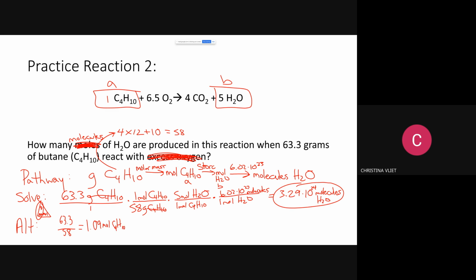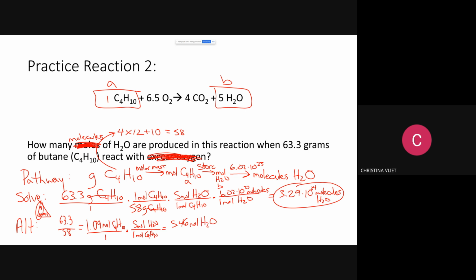Then after you get the moles, you would still have to do stoichiometry to get from C4H10 to water, right? So you would then say, okay, 1 mole of C4H10 is 5 moles of water. So you would do 1.09 times 5, and you would get 5.46 moles of water.